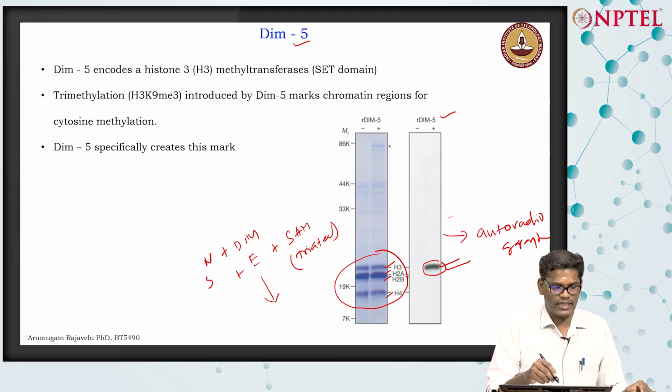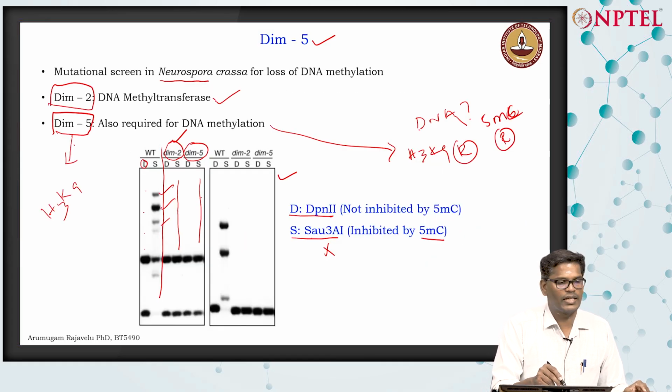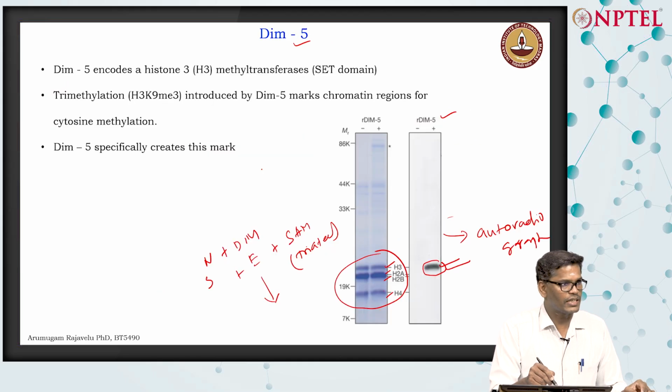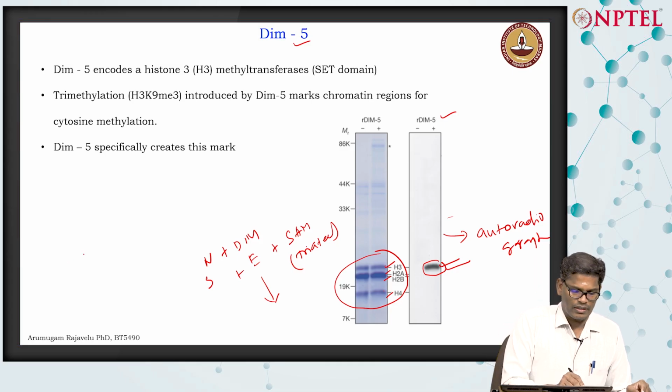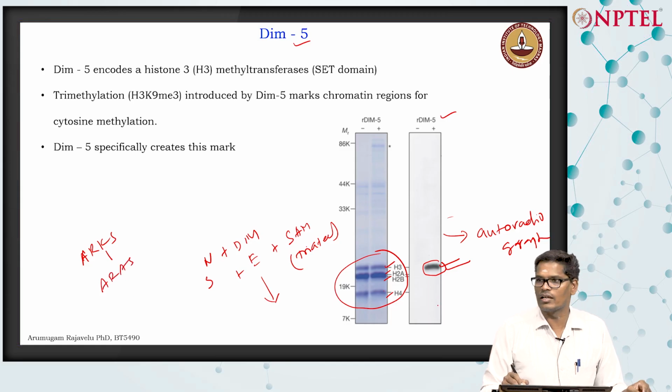So in the first case, they predicted it can methylate histones, but in the second experiment, they could narrow down that yes, it is specific to histone 3. Then at which position? The same assay can be used. They took the ARKS, the target 9th position, and mutated it to ARAS. When you mutate to alanine, there is no target, and then no methylation reaction.